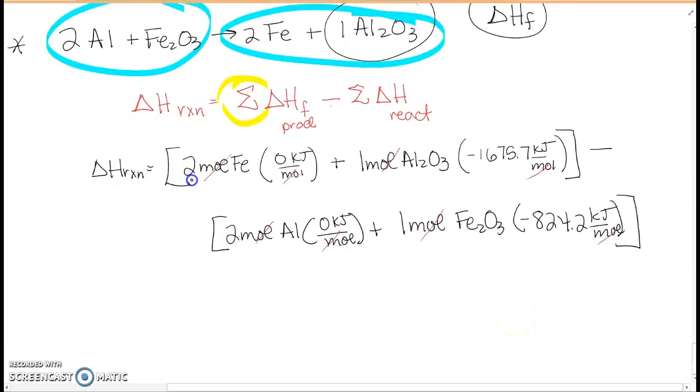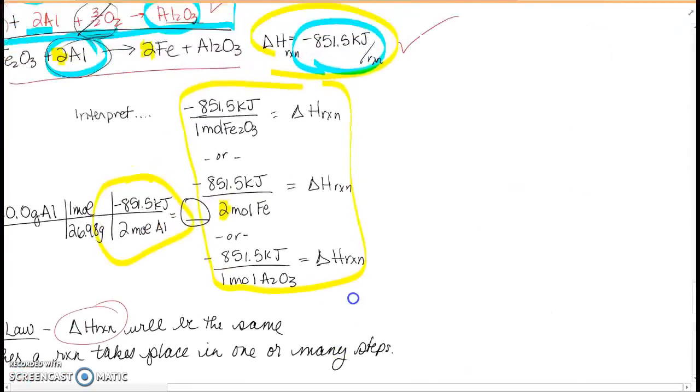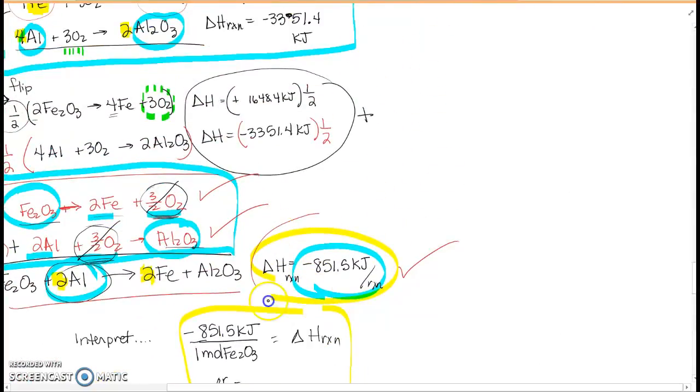And when I do that, 2 times 0 plus 1 times negative 1675.7 minus, and don't forget your parentheses here because that's where you screw stuff up, 2 times 0 plus the negative 824.2, your delta H for this reaction is negative 851.5 kilojoules. The exact same thing that we got when we rearranged all this, right?